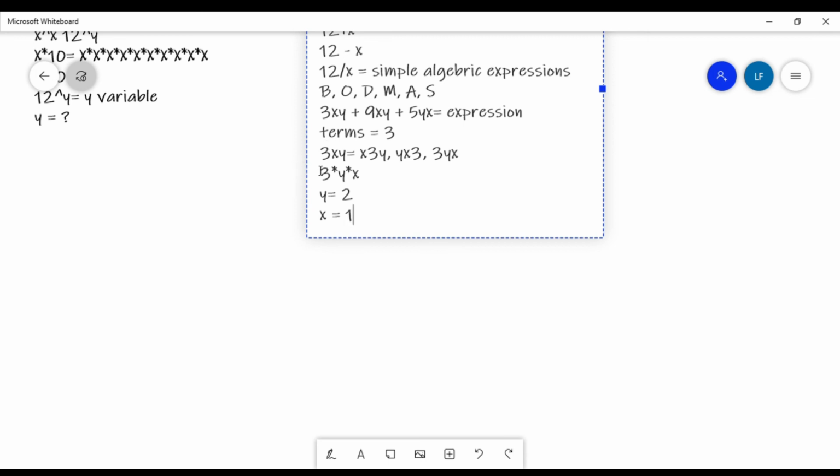That means you're multiplying 3 into y, and y equals 2, so 3 into 2 makes 6. 6 into 1 is nothing but 6.